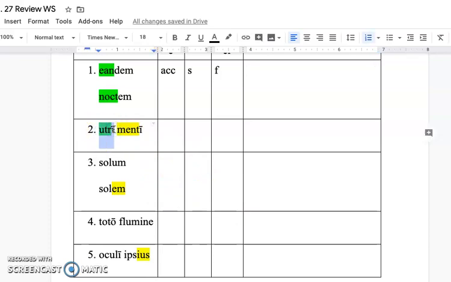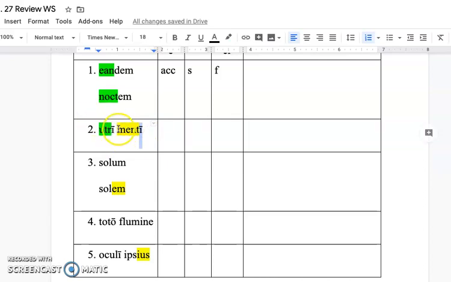We've got uter and mens mentis. So the stem of uter is going to be uter, UTR, and then the stem of mens mentis is ment, MENT. If I'm looking at the ending E long I, if this word was a second declension noun, it could be genitive singular or it could be nominative plural.